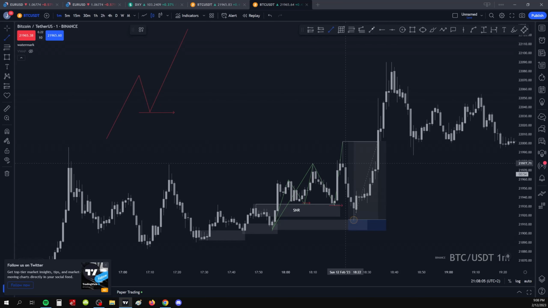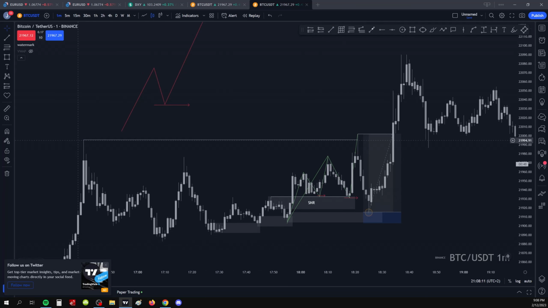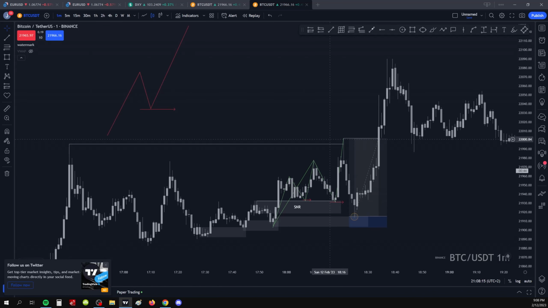And why did we get this move down? Also, because we took this high. That's another story, right? But when we only move up, when we take out liquidity, we take out liquidity with this candle, and we move up.